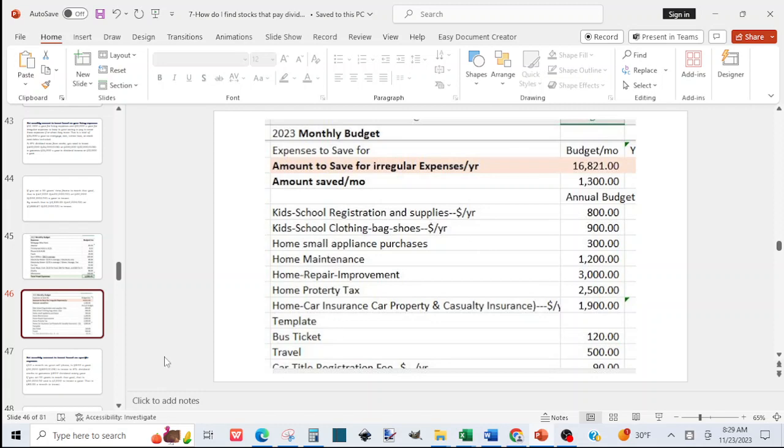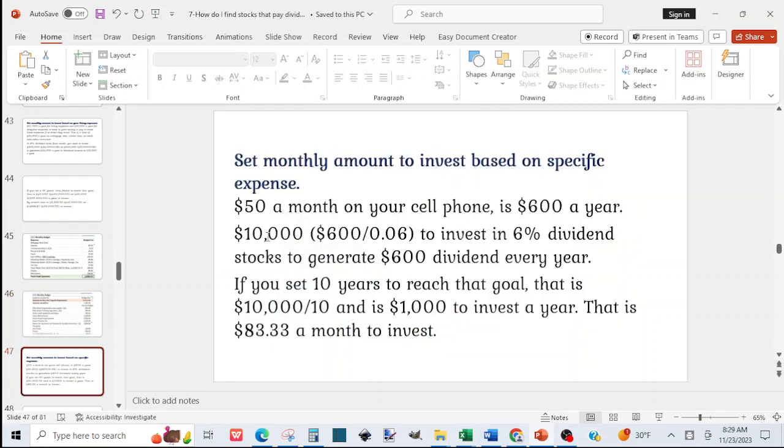So you can pick one expense, and that is the expense for the month. You times it by 12 for the year, and in this example, you will take that cost a year divided by the dividend yield that you are expecting from the stock.